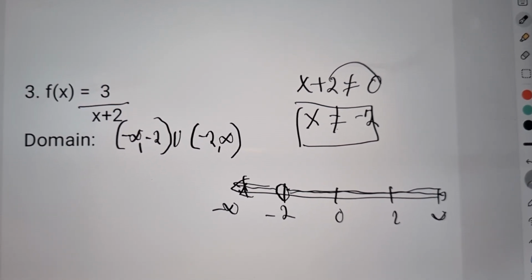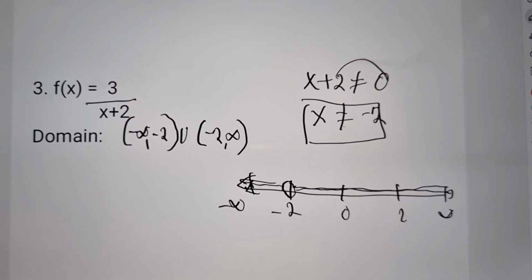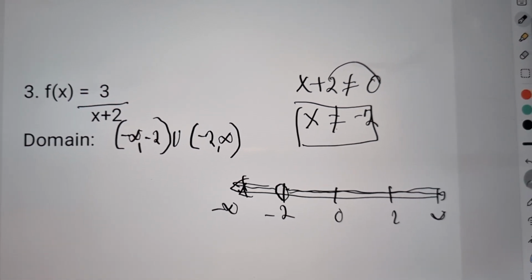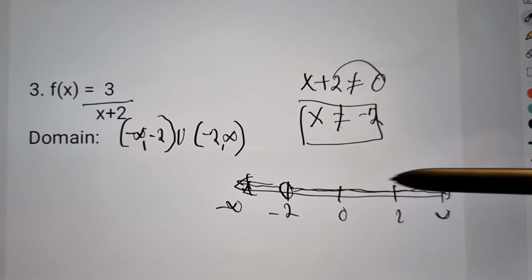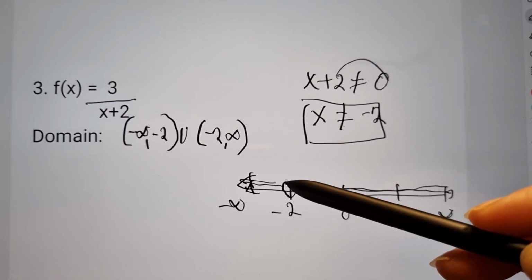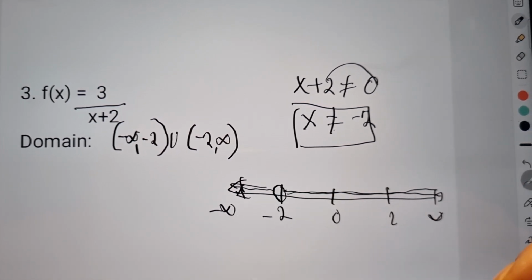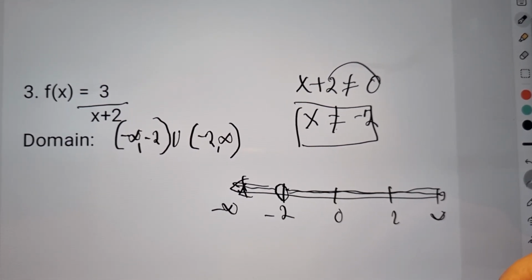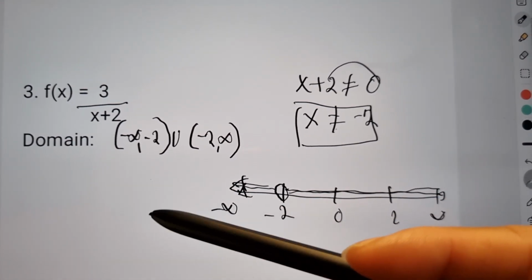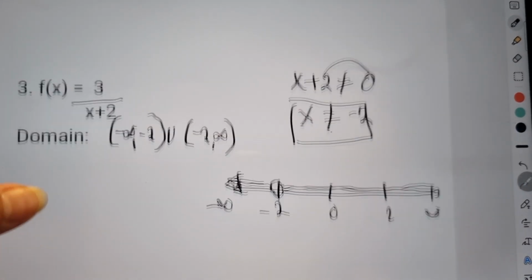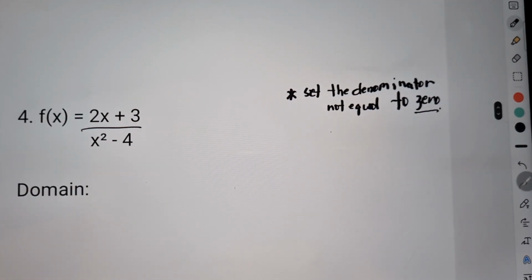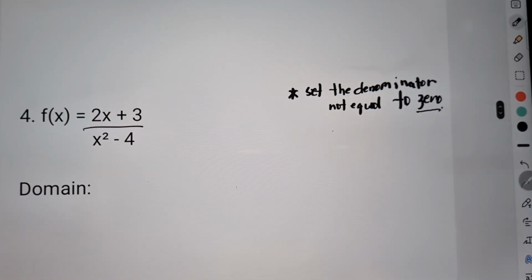Okay, so that's it. That's the domain of this function. Very easy. Okay? So, dapat dito, pag hindi kasali, i-open nyo siya. Open circle. Or pwede nyo rin isulat all real numbers except negative 2.